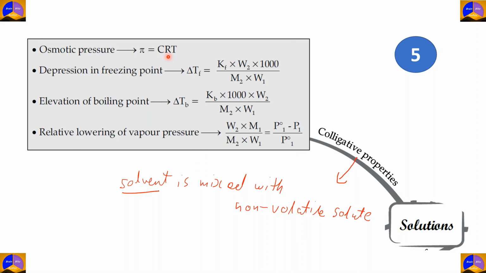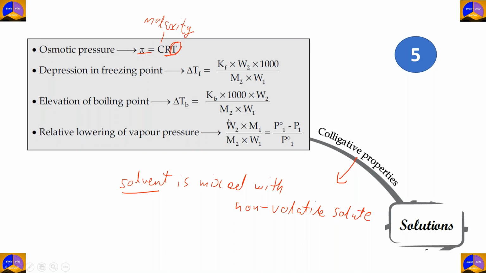Osmotic pressure is represented by pi, and the formula for osmotic pressure is CRT. C stands for molarity of the solution, R stands for ideal gas constant, and T stands for temperature.